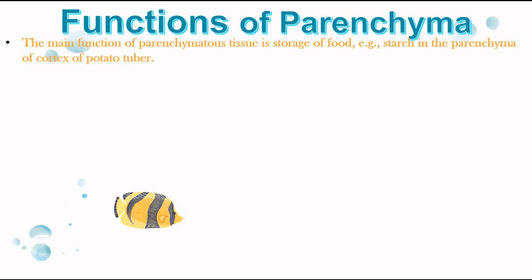Now let's look at the functions of parenchyma. What are the main jobs that parenchyma does in the plant? It has quite many functions. Let's see them. The first and main function of parenchymatous tissue is storage of food, for example, starch in the parenchyma of the cortex of potato tuber.